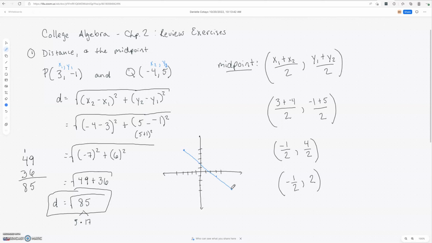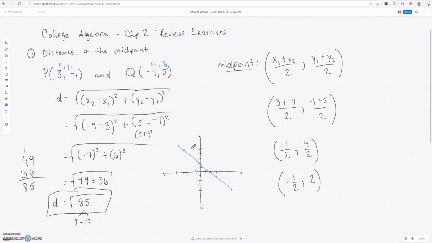And so that line connects those two points. And then my midpoint is at about (-1/2, 2), about there. Okay, obviously this isn't exactly drawn to perfect scale, but you could see that's about in the middle, right?